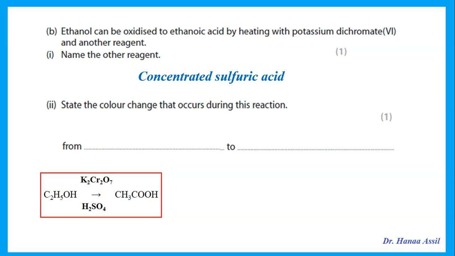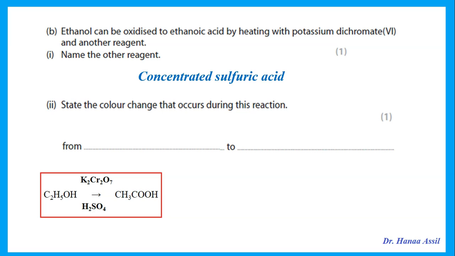This is the other reagent. Of course, this is an oxidation reaction. To change alcohols to acid, we use what we call acidified potassium dichromate, that is, potassium dichromate with concentrated sulfuric acid.